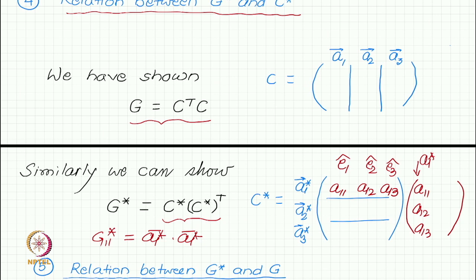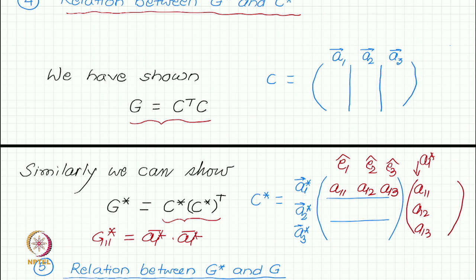Is G star a symmetric matrix? Yes. So, it means G star transpose is G star. So, even if we write the different order as for G, you take the transpose, nothing will happen, it will not flip, because it will be transpose of transpose.